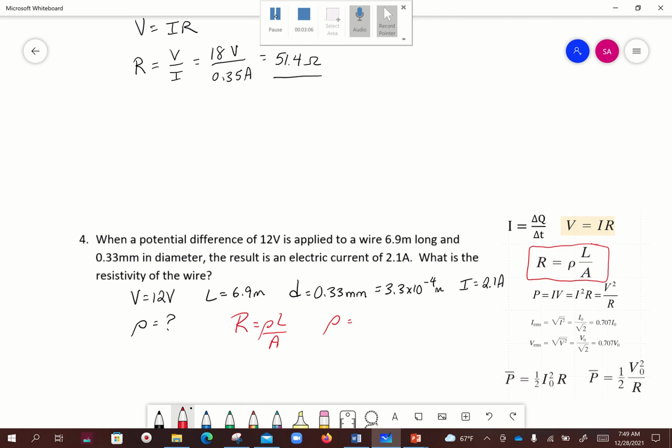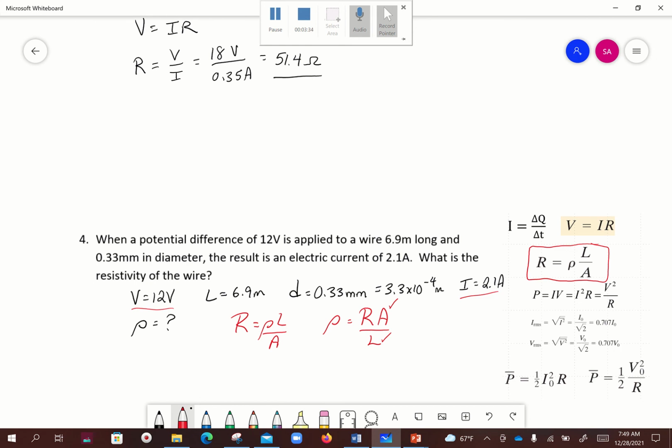So rho is going to be equal to, rearrange it, so times both sides by A, RA, and then divide by L. So I've got the A I can get from the diameter, the L we were given, but I need to know the resistance before I can find the resistivity. So how can I find the resistance? Well, I'm given V and I, so I can do just what I did in the previous problem.